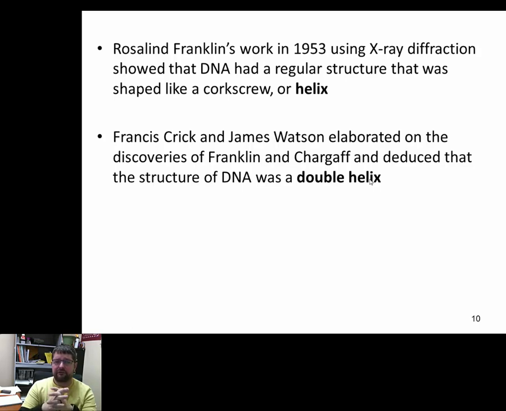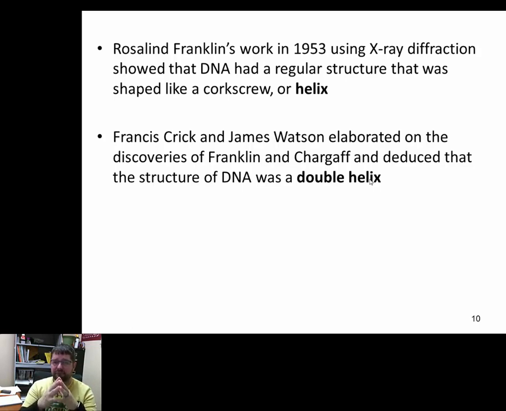Now again, I don't want to take too much credit away from both these individuals, but the amount of work that they actually put into discovering the structure of DNA was nothing compared to Chargaff, and nothing compared to Rosalind Franklin, and for that matter, nothing compared to another individual named Maurice Wilkins. But Francis Crick and James Watson tied all the pieces together and actually deduced that it was a double helix.